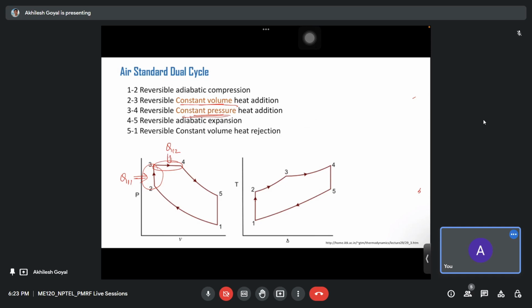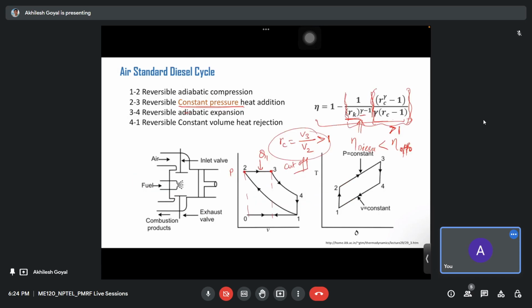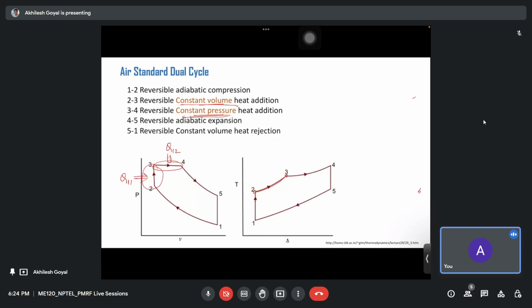And the TS diagram can be seen here. From point 2 to 3 it is at constant volume, and from point 3 to 4 the heat is added at constant pressure. So total heat is added at constant volume and constant pressure. And the efficiency of this cycle is given by this equation. Here you can see one more parameter, rp, is also there.